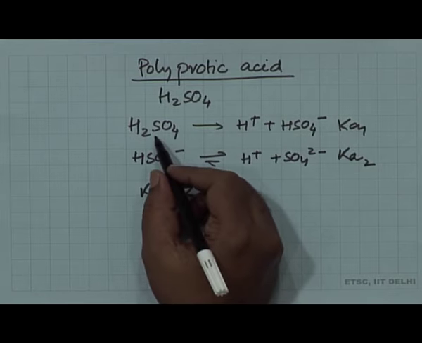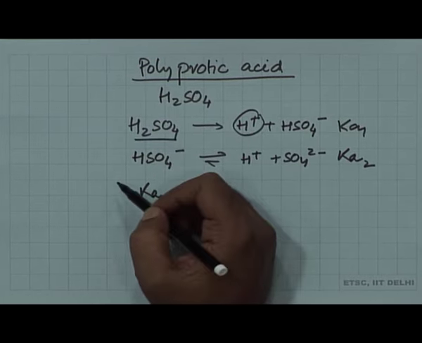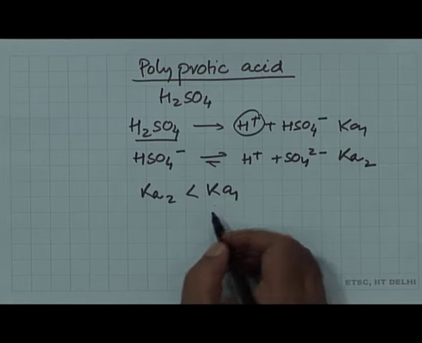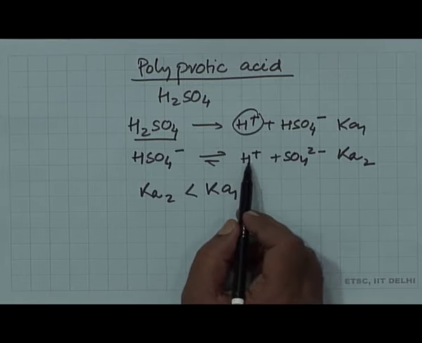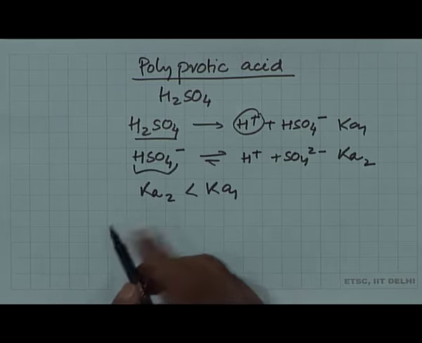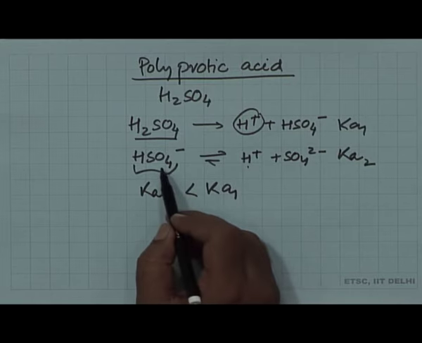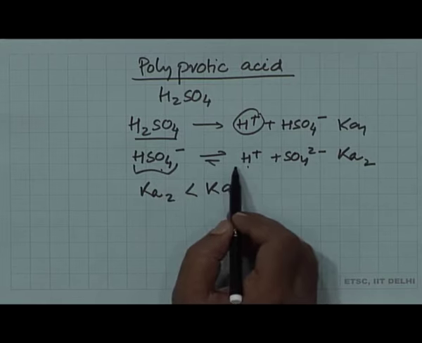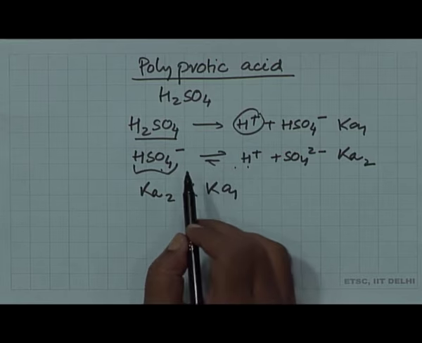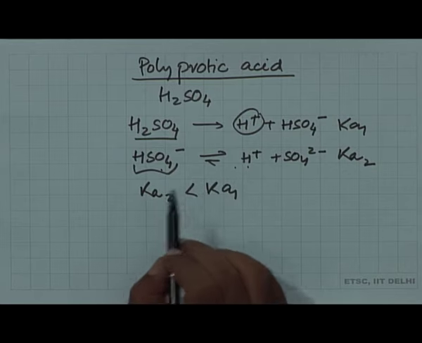First, you are removing H plus ion from a neutral species, whereas in the second case you are trying to remove H plus ion from a negative species. Removal of positive ion from a negative species is really tough. It is not that easy a process, and so Ka2 is going to be small.